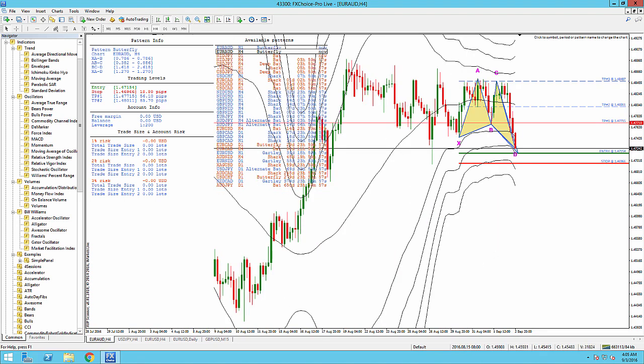So for instance, EUR AUD hourly 4, and we're looking at an entry area, and it's also in conjunction with the 3 standard deviations away from the mean, meaning the moving average, and then 1 standard deviation, 2 standard deviations, 3, 4, 5, which are the Bollinger Band.